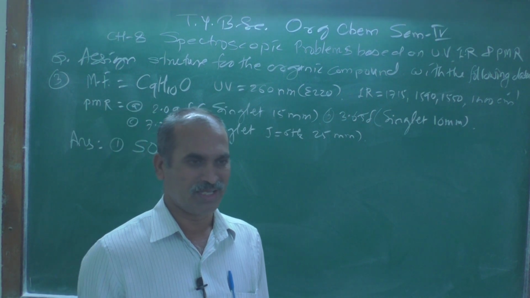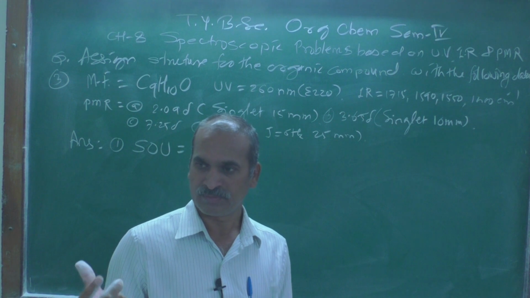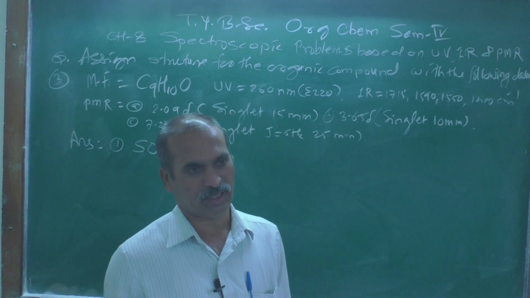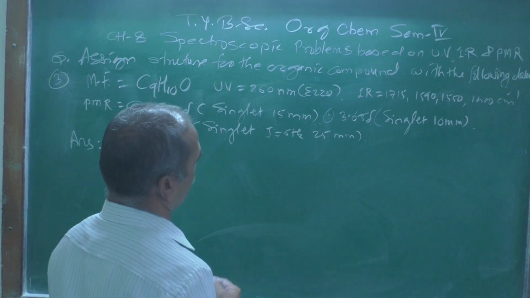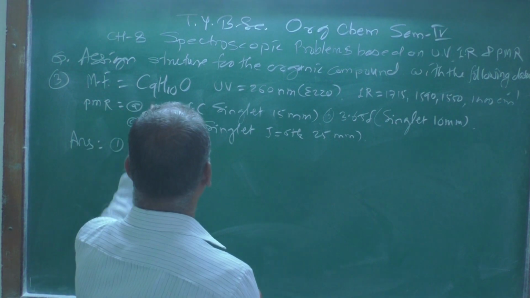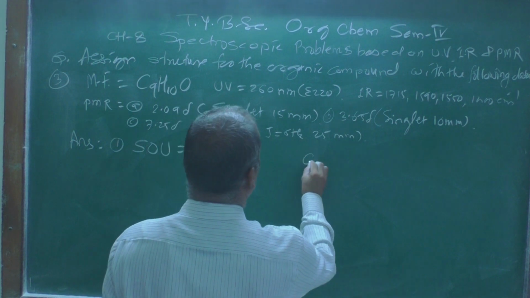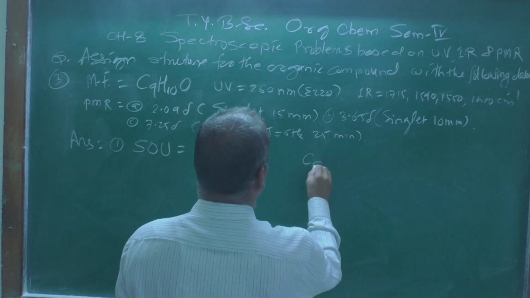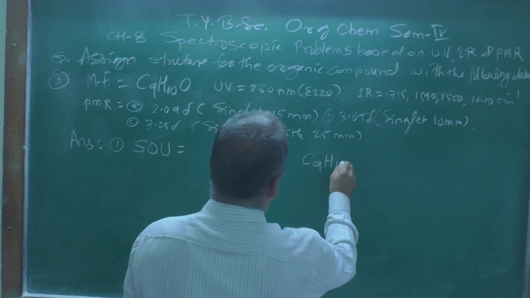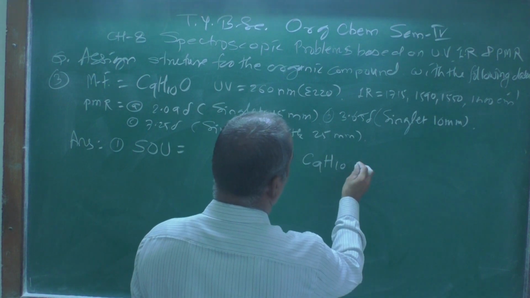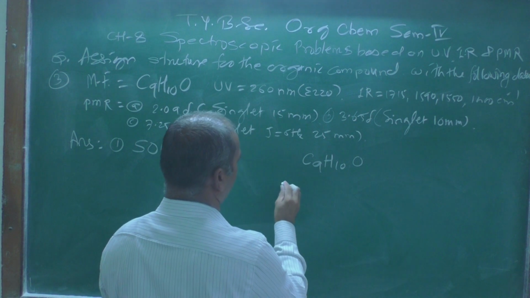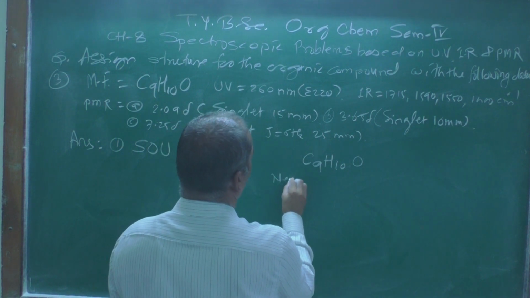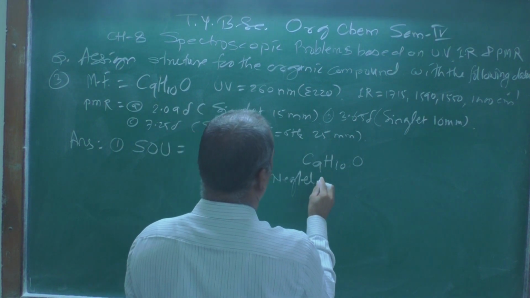It is very easy to apply and to get the correct answer, and therefore I am using it as the first method. According to that, the molecular formula is given as C9H10O, and in the first case neglect the oxygen atom.